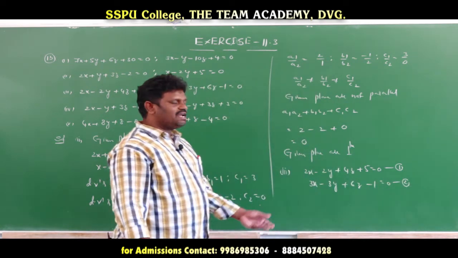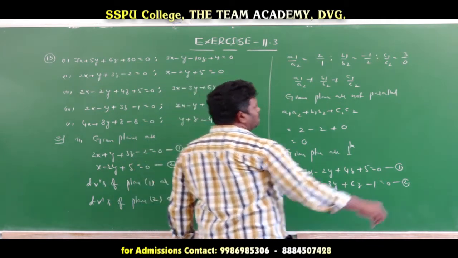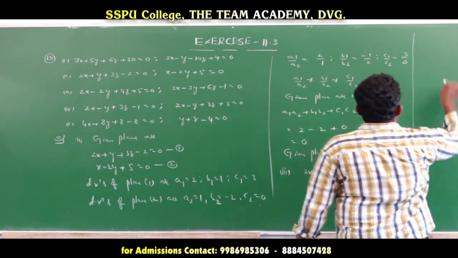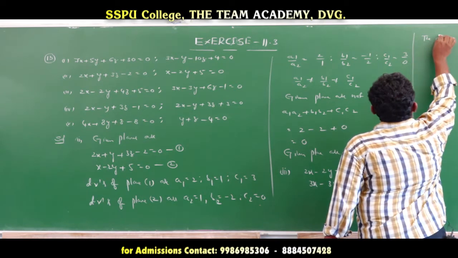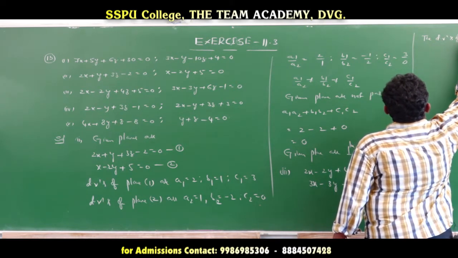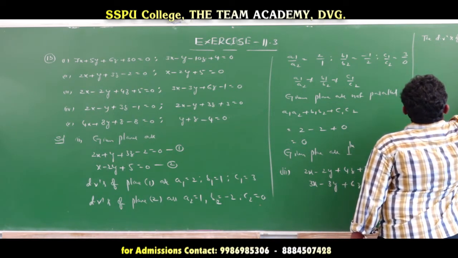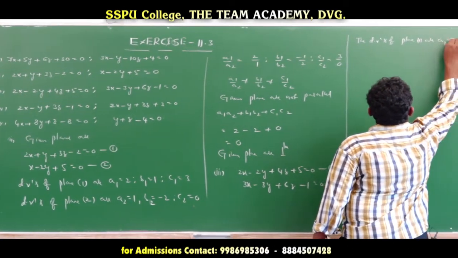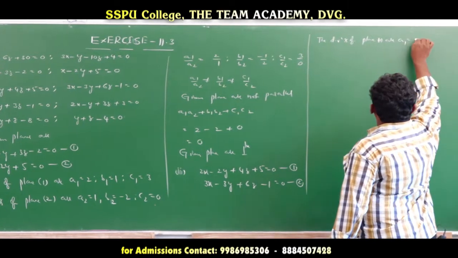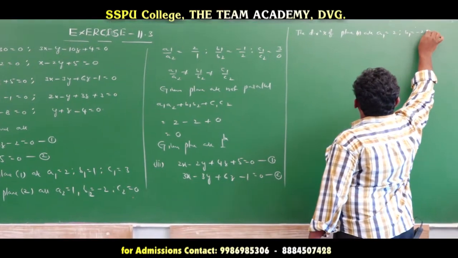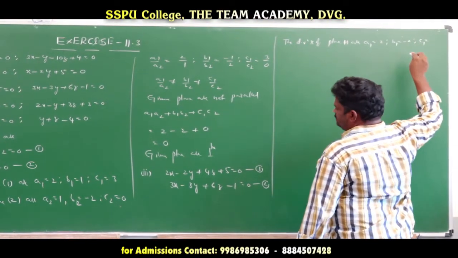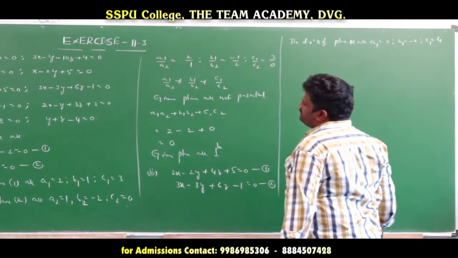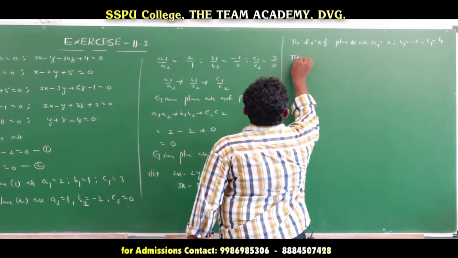Now again, the direction ratios of plane 1: A1 is equal to 2, B1 is equal to minus 2, C1 is equal to 4. Then again, what do we see here?